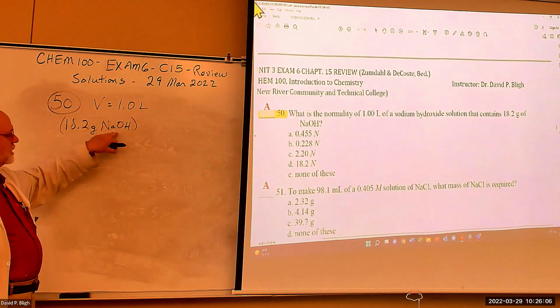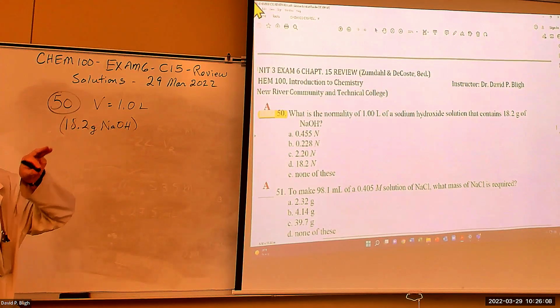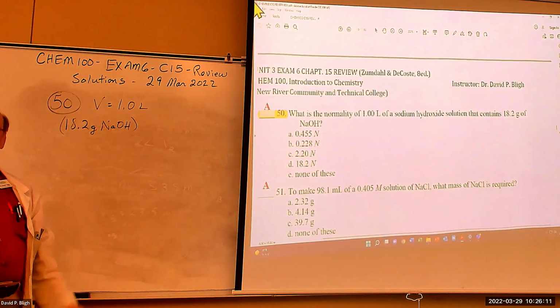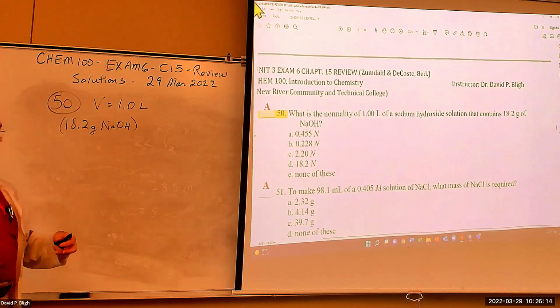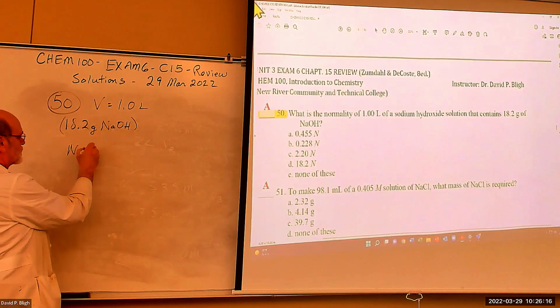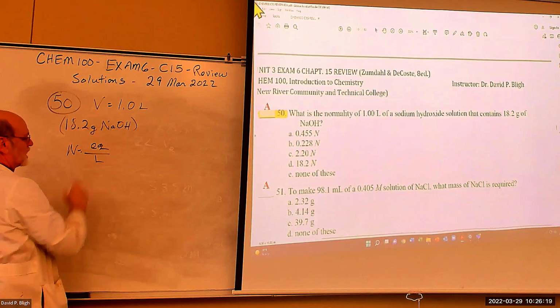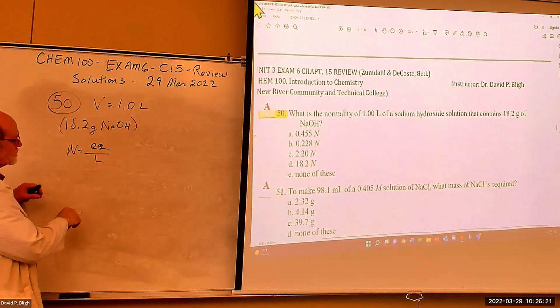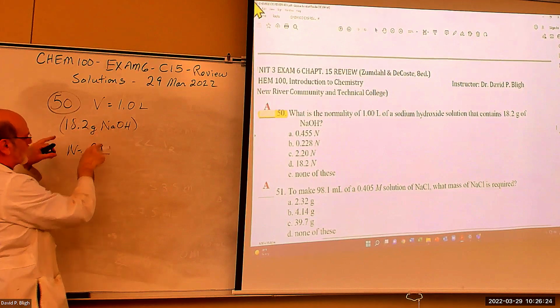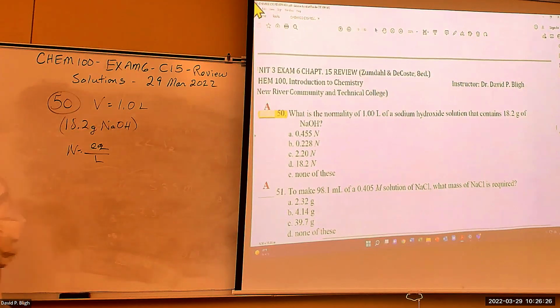And moles of sodium hydroxide would be the same thing as equivalents, right? Because normality is number of equivalents per liter. So 18.2 grams of sodium hydroxide is how many moles? Sodium is 23.0. Oxygen is 16. Hydrogen is 1.01. So that's 40.01.